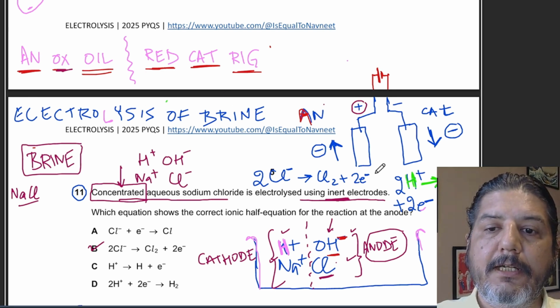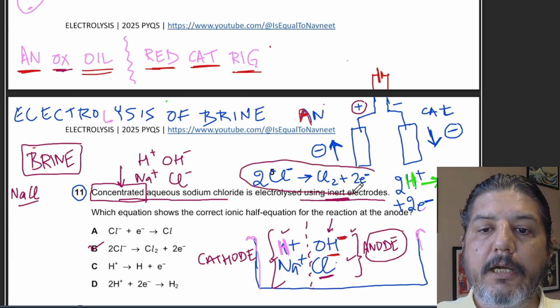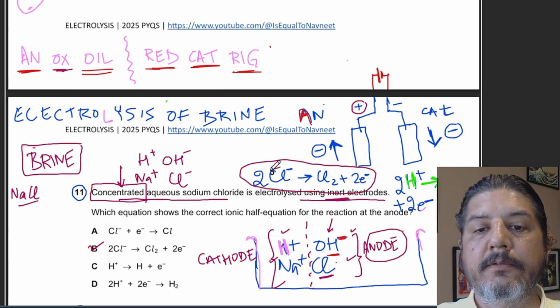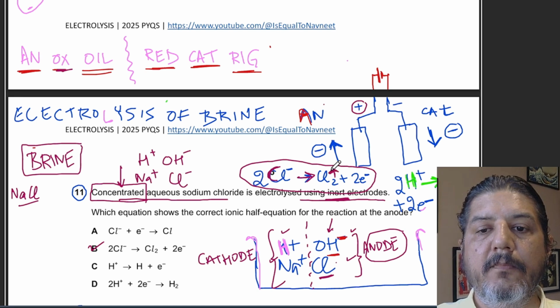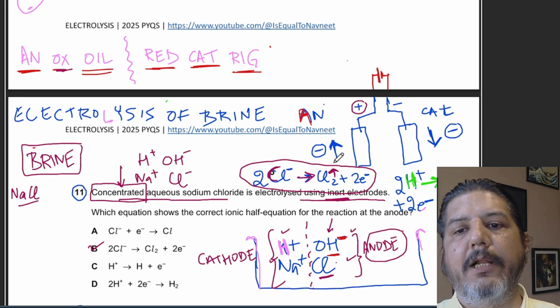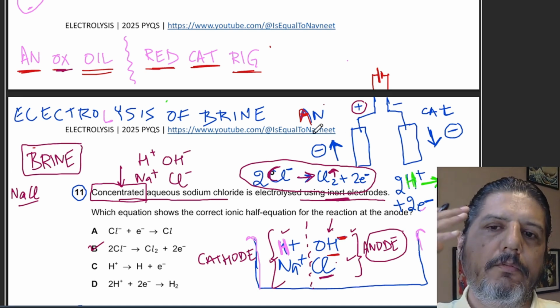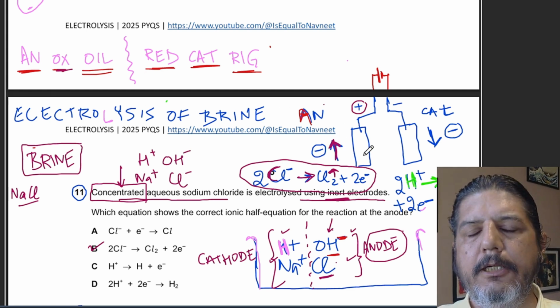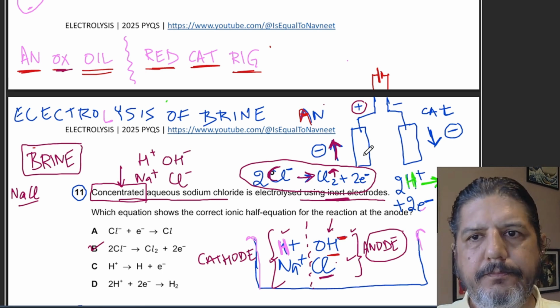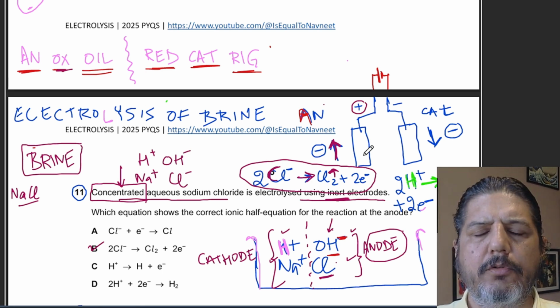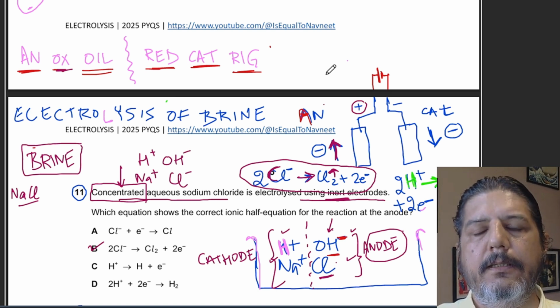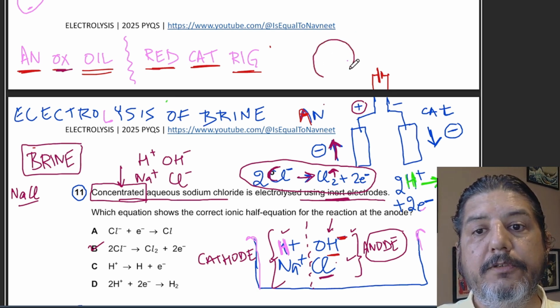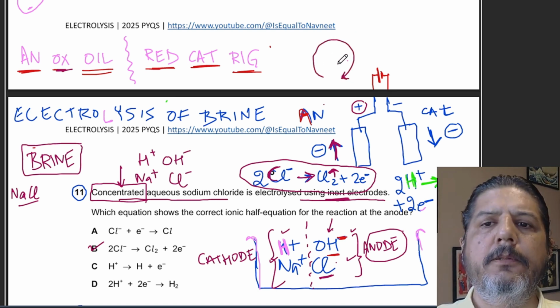So you will have a reaction like this at the anode: 2Cl negative will get discharged and form chlorine gas, which will be given off, and you will have 2 electrons. We can understand it like this, that the 2 electrons are flowing from the electrodes upwards. And it makes sense, as we have discussed earlier, that the electron flow would be something like this.